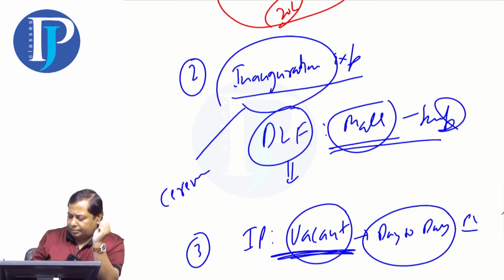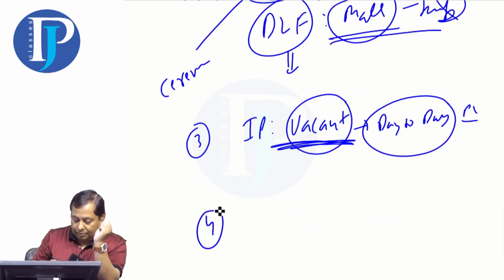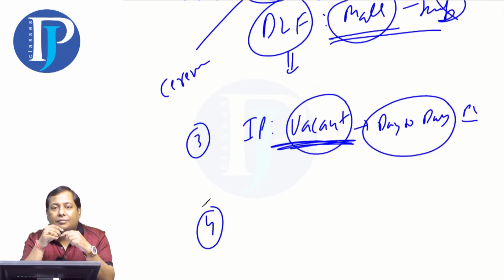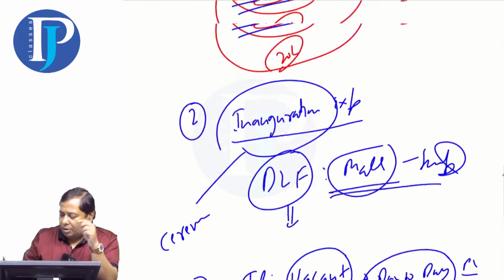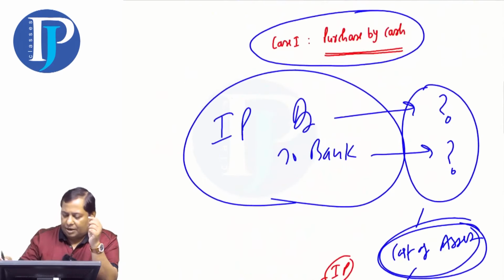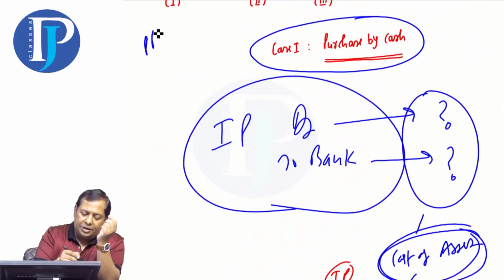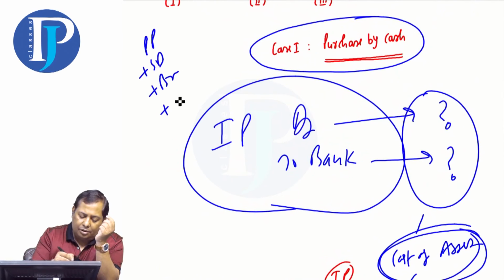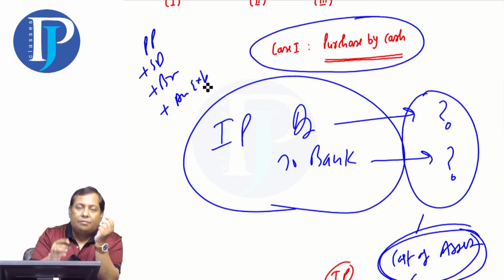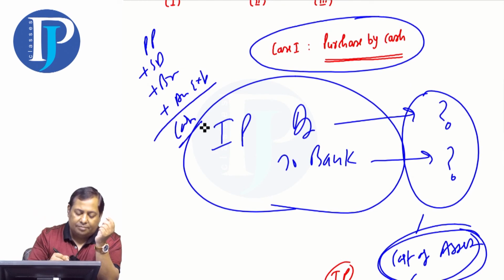Here comes the fourth point. So students, I just told you, purchase price, stamp duty and brokerage, or let's say any other expense, which is directly related to the acquisition of assets, becomes the cost.